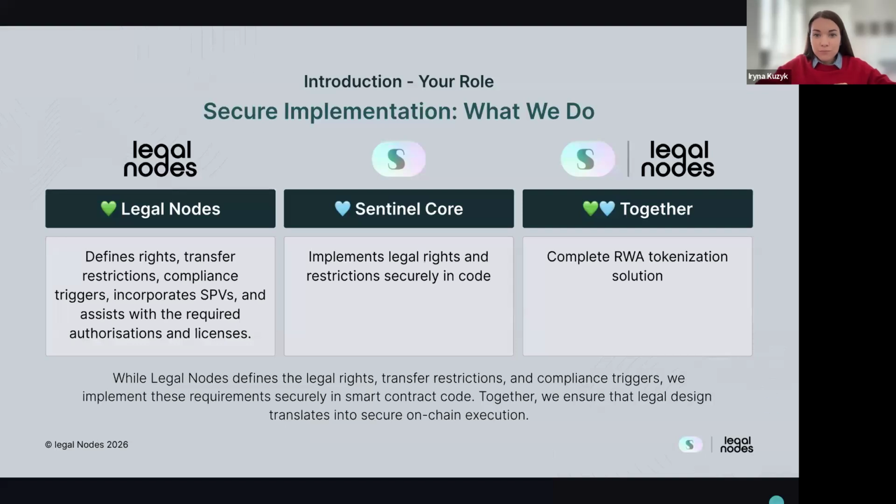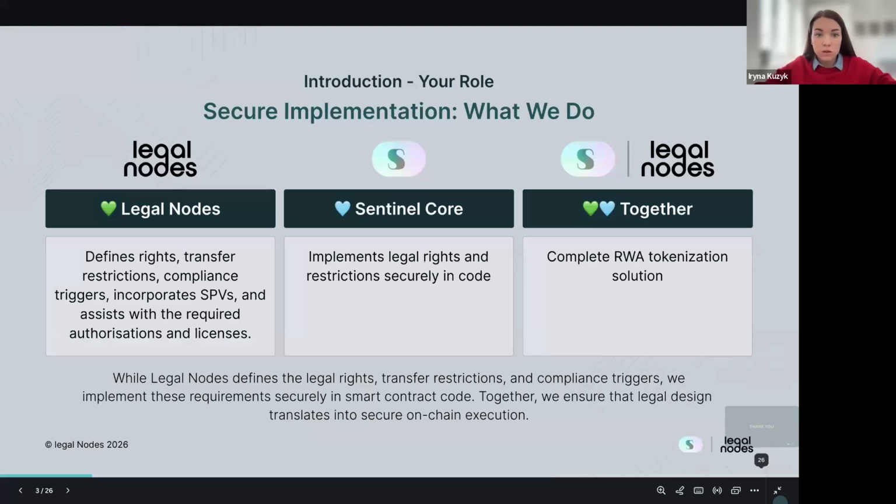Okay, so let's begin. Let me start with this slide that gives you a clear understanding of the role separation between our organization, Legal Nodes, and Sentinel Core, founded by Joe. Basically, we work with founders, asset managers, and tokenization platforms to design the legal wrappers and corporate structures that sit behind the token.